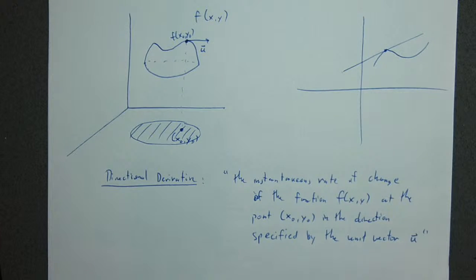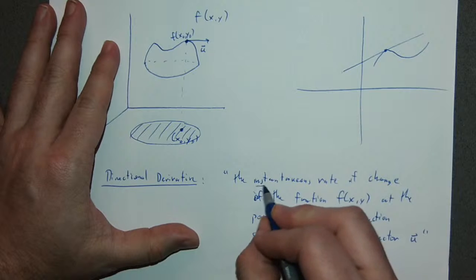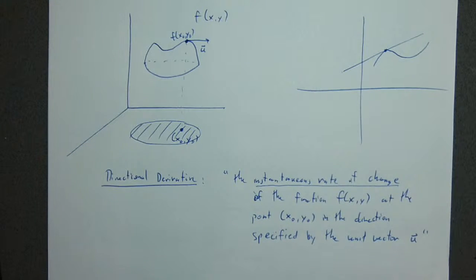Now the textbook goes ahead and defines this immediately, but before I do that, I'm going to define something else that lets me define this a lot easier. Since you see these magic words here, instantaneous rate of change, you see that this is the thing that is playing the role of my derivative from Calc 1 and Calc 2.